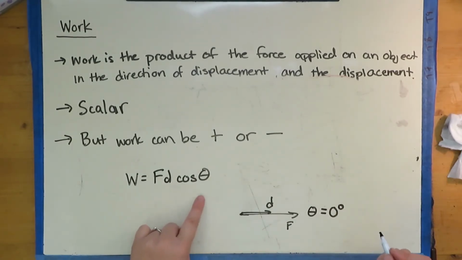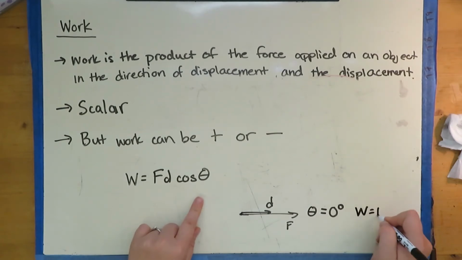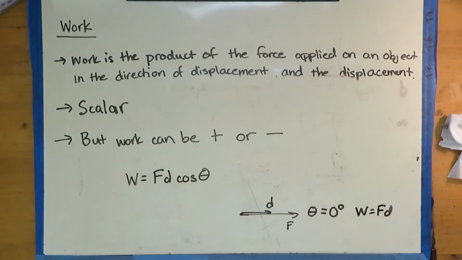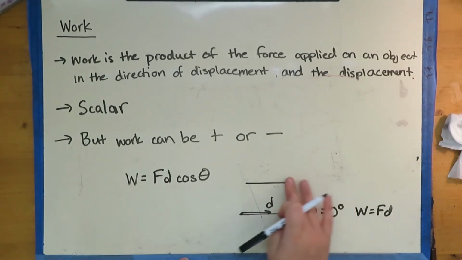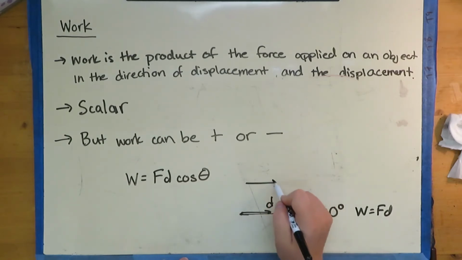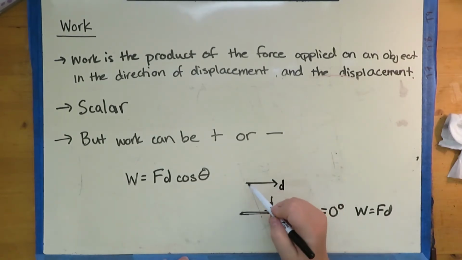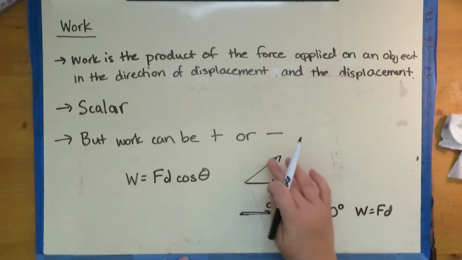So the cosine of 0 is 1, so the work here would just be F times d. Okay, well, what if instead I keep the displacement in the same direction because that's easier for my brain, but now I'm pushing at an angle.